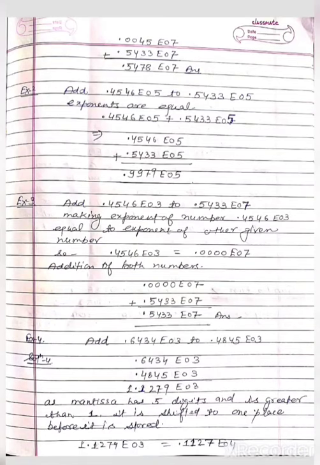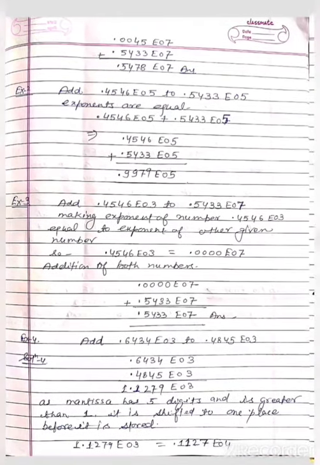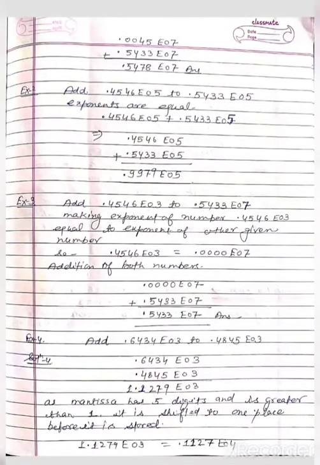Now adding both these numbers gives 0.4578 E07.